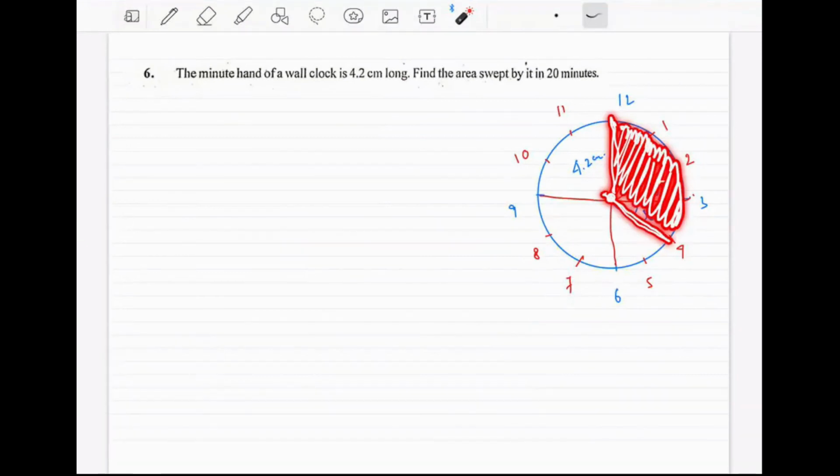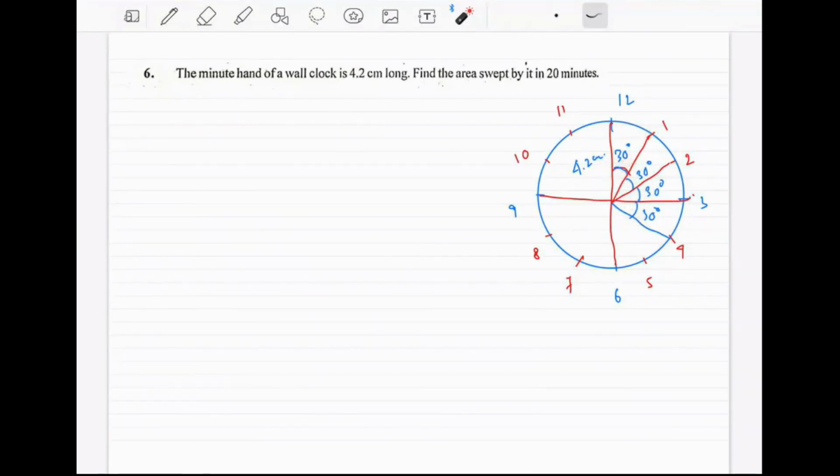So the area swept by it will be the area of the sector, right? The minute hand goes from 12 till 4 in order to make 20 minutes. And in that process, it forms a sector. For that sector, we know the radius is 4.2. What about the sectorial angle? Sectorial angle is this part right here, isn't it? When it goes from 12 to 1, it's 30 degrees.